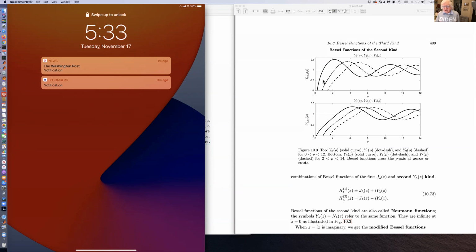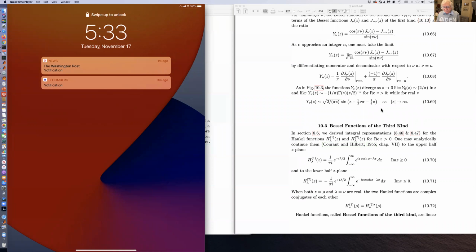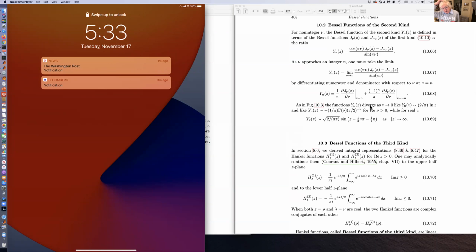And what you see is that they diverge when rho goes to 0, but as rho goes to infinity, they start to have a wavy pattern. And in fact, the wavy pattern is like that of the Bessel functions of the first kind, namely it's 1 over square root of z times the sine of z, apart from some simple pi's. So that's basically the Bessel functions of the second kind.